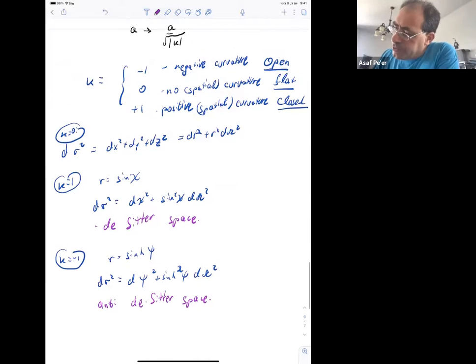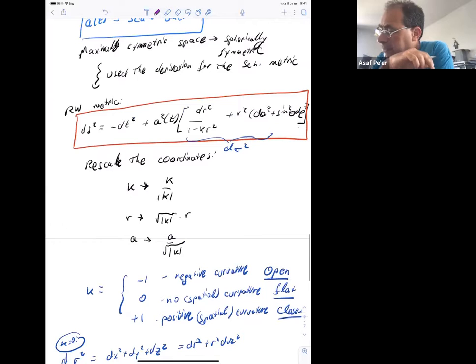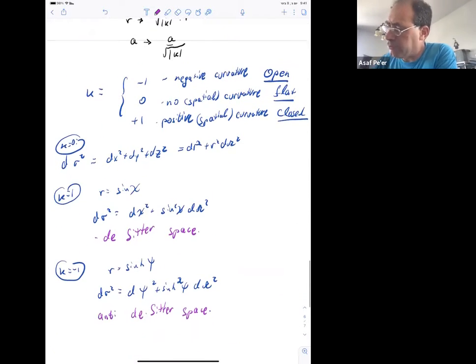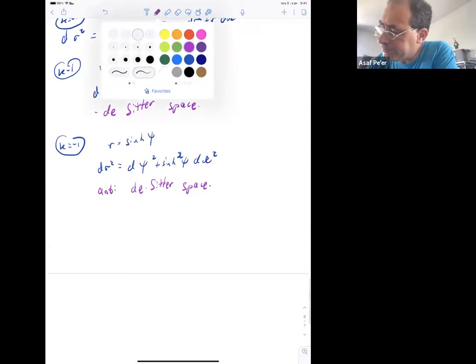Okay, so these are the three options that we have for k, and I described the three possible solutions for the Robertson-Walker metric. And then we said, okay, this is quite good, but this didn't tell us anything about the temporal evolution of the space, namely how the scale factor a(t) evolves in time. In order to get that, we actually had to plug it into Einstein's equation. So we went through the long way, which I shortened by writing it down for you in my lecture notes.